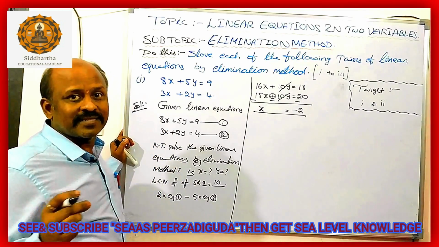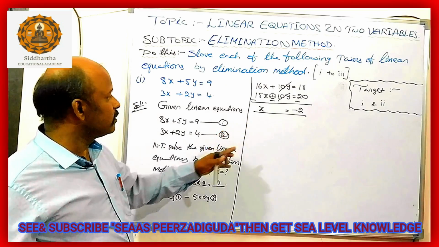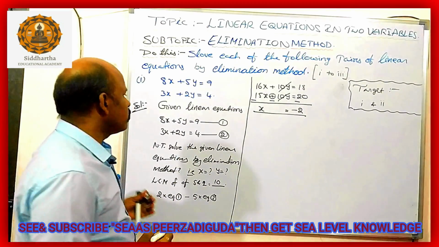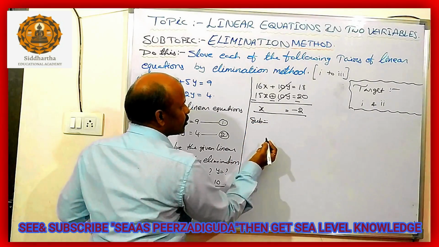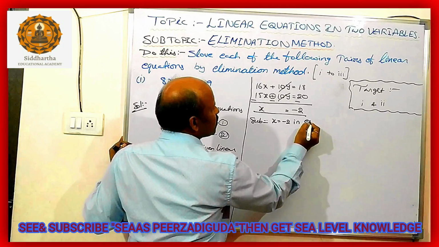After getting the value of x, now substitute the value of x in any one of the equations, equation number 1 or equation number 2. So now I am going to substitute x is equal to minus 2 in equation number 2.